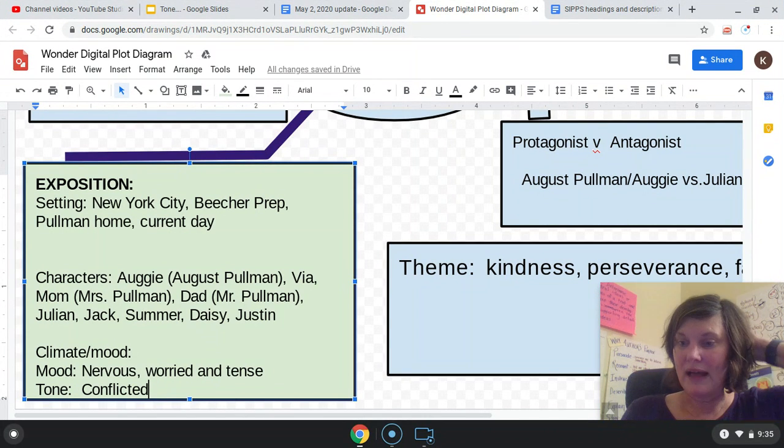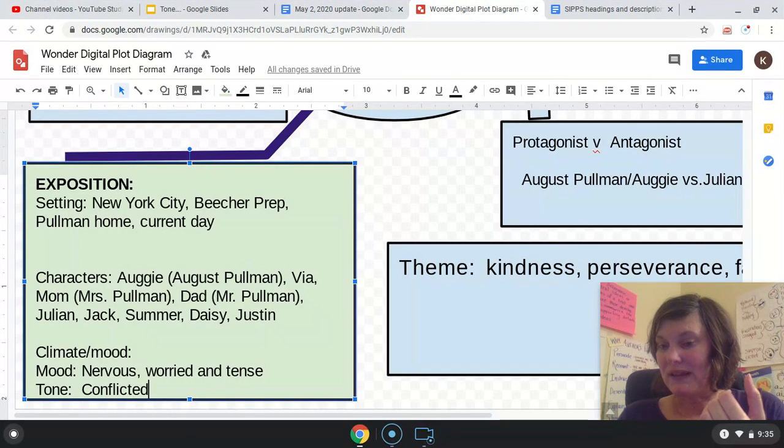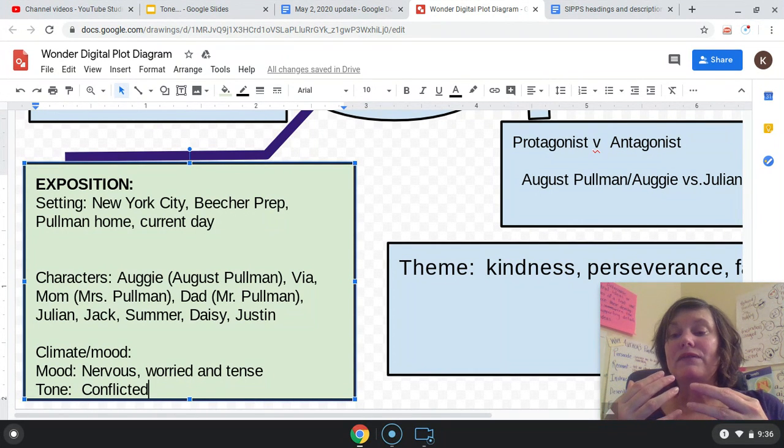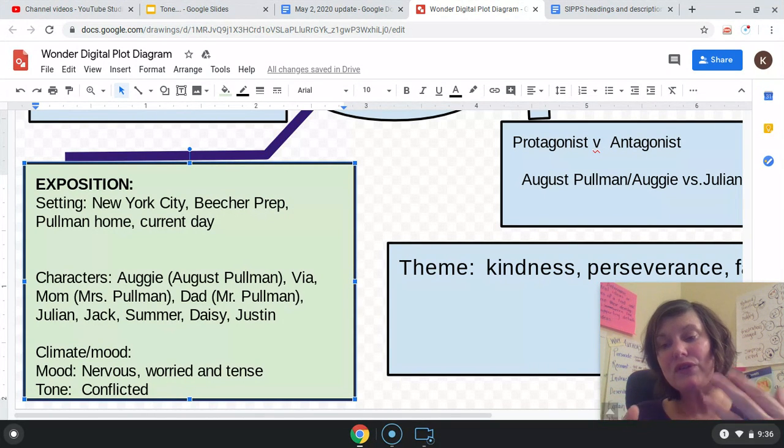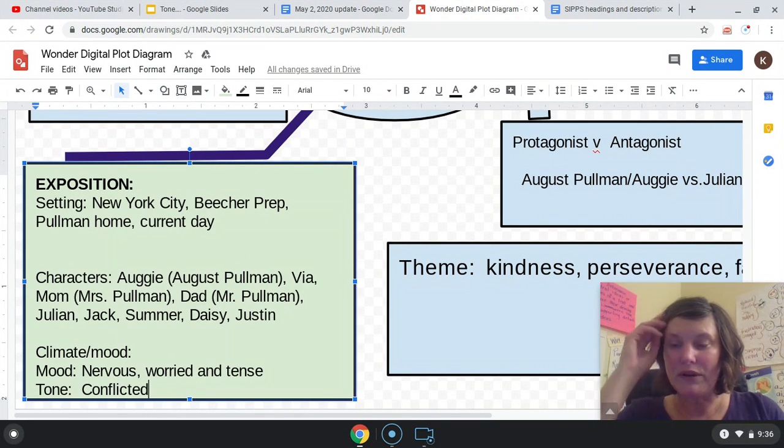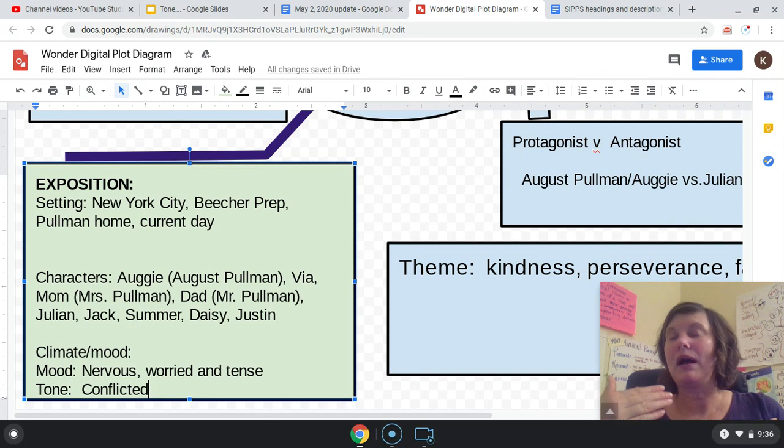Important elements to the story include the setting, which is where and when a story takes place, and the characters. The major characters, remember, are the people that, if they were removed, the story would completely change. The minor characters are the other people that just make it a little more exciting and help move the events along.